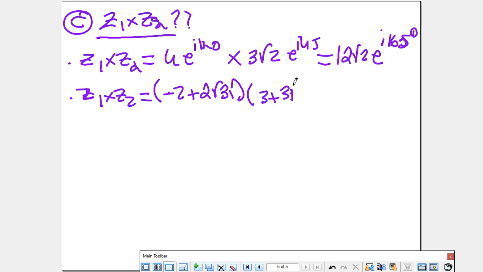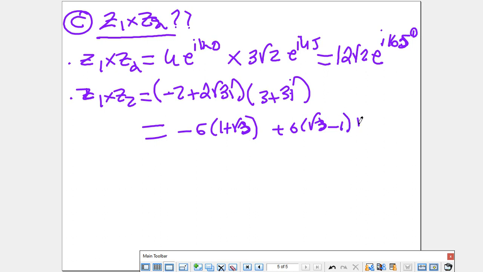I just need to develop: minus 2 times 3 is minus 6, minus 6i, plus 6 radical 3 i, and 6 radical 3 i squared, so minus 6 radical 3. I will write directly my final answer: minus 6 (1 plus radical 3) when I separate the real part, plus 6 (radical 3 minus 1) i. So this is my real part, this is my imaginary part.